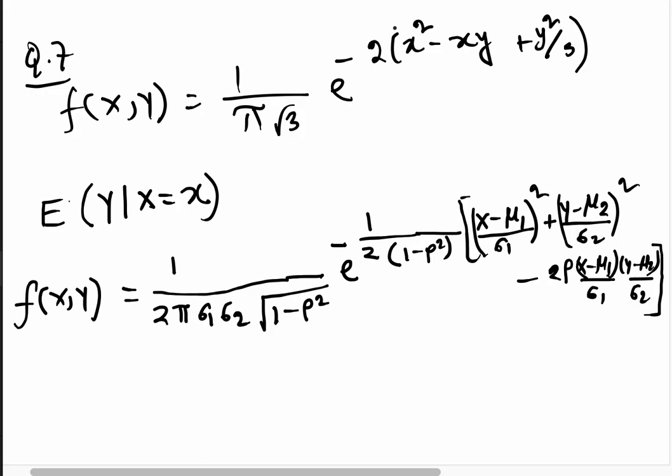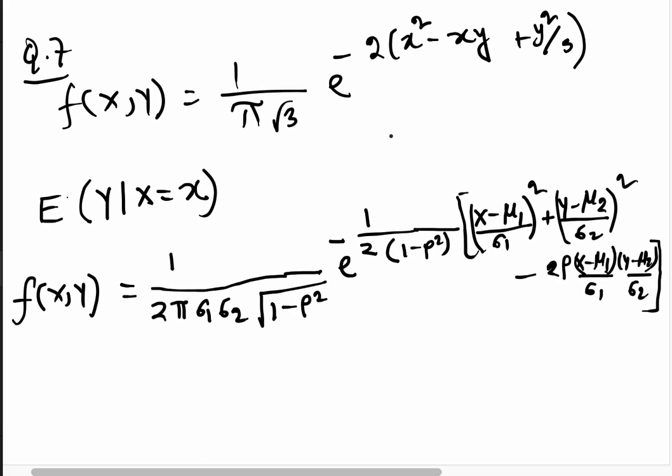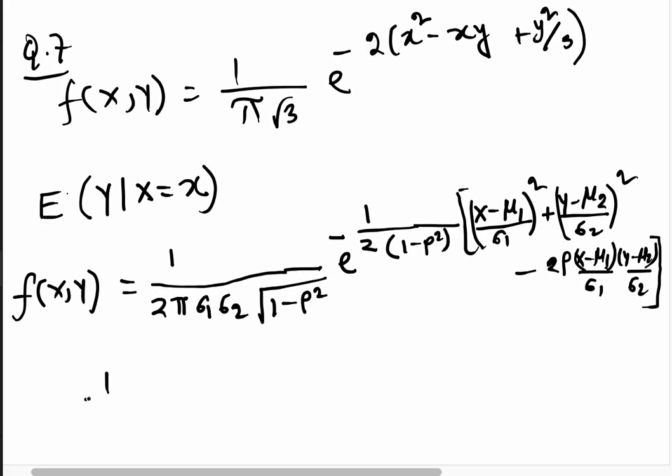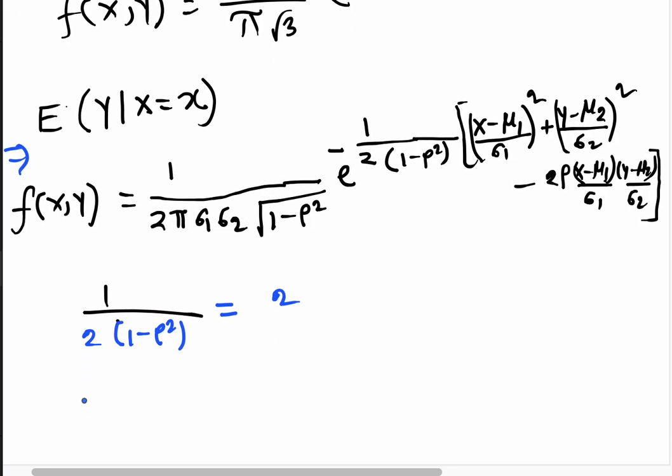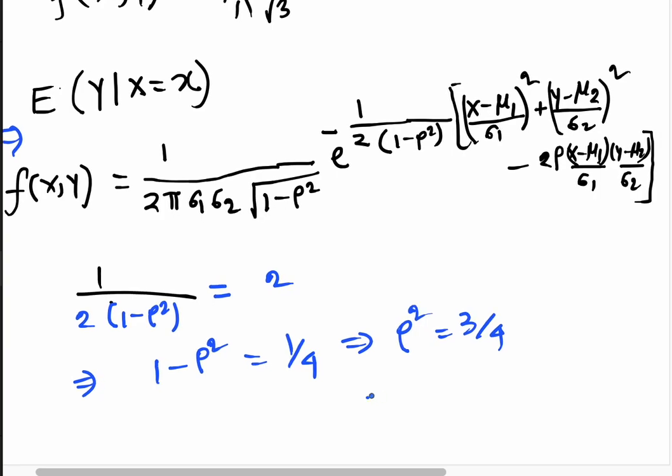Now if we compare these two, we get 1 by 2 (1 minus rho square) is equal to 2. So 1 minus rho square is 1/4, which means rho square equals 3 by 4, that is rho is root 3 by 2.